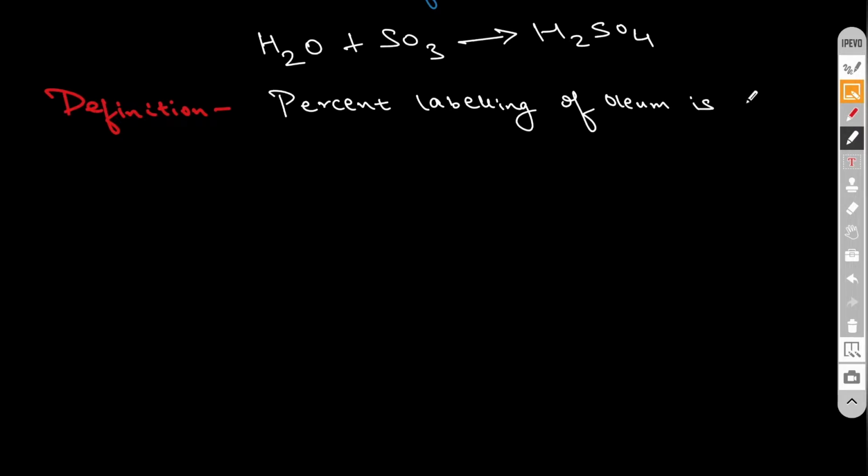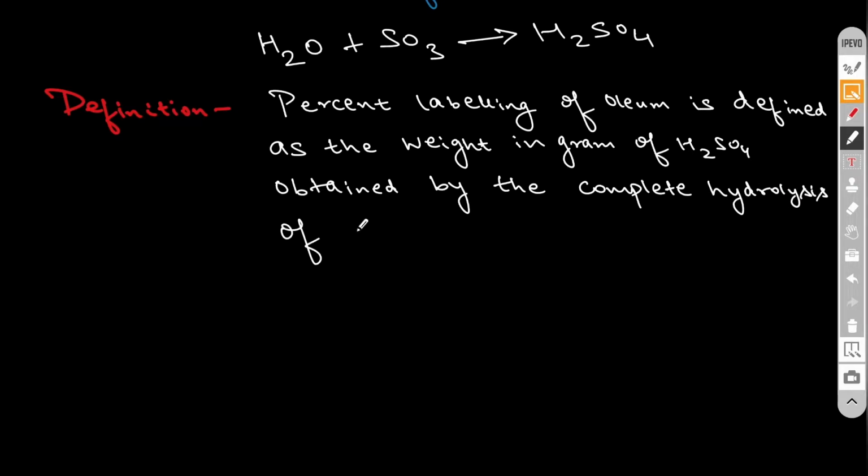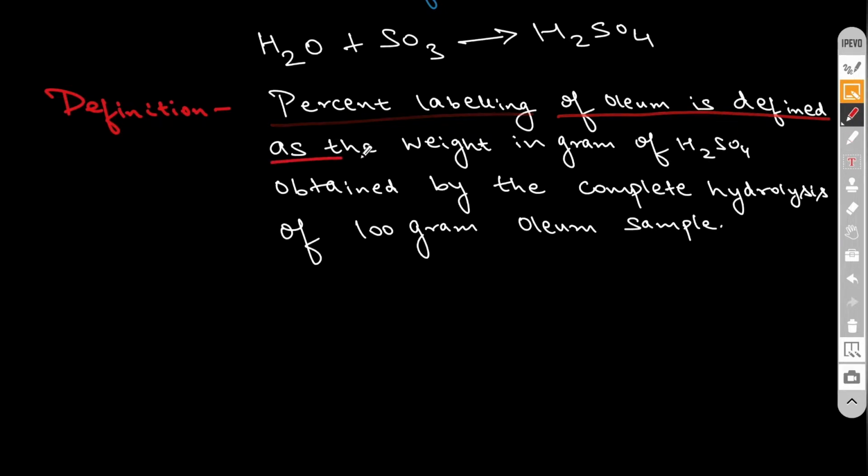Percent labeling of oleum is defined as the weight in gram of H2SO4, basically sulfuric acid, obtained by the complete hydrolysis of 100 gram of oleum sample. So just remember the definition.